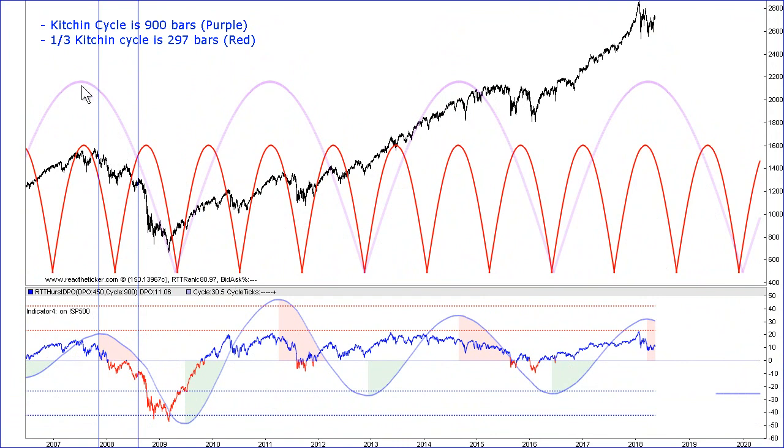As you can see here, the major Kitchin cycle is rolling down, and so is the sub-cycle. Okay, down here. So price peaked here. Now it goes through and does a typical correction to about there. Right.